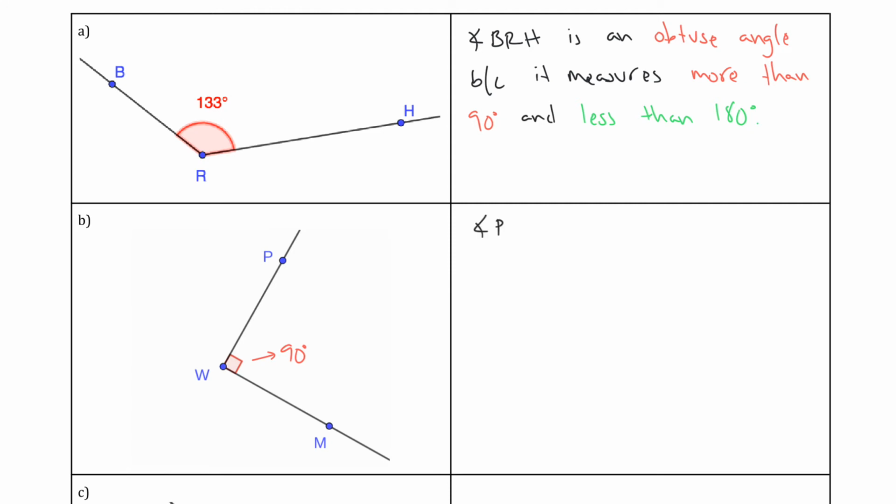So angle PWM is a right angle because it measures exactly 90 degrees.